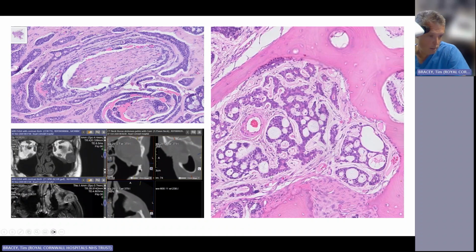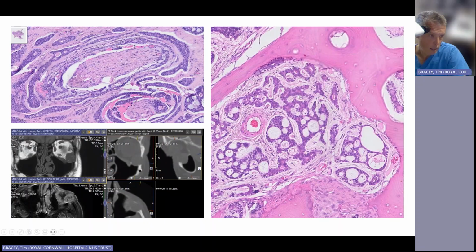And this is a classic appearance of adenoid cystic carcinoma with peripheral myoepithelial cells, which you can actually see on the H&E. These have a slight pale rim of cytoplasm and these quite angulated myoepithelial cells, and then a separate luminal layer.